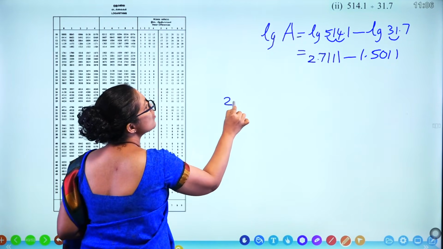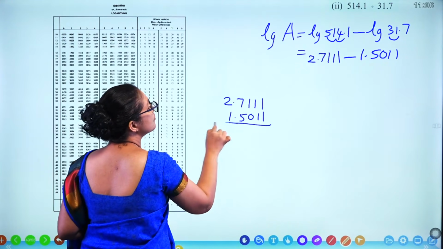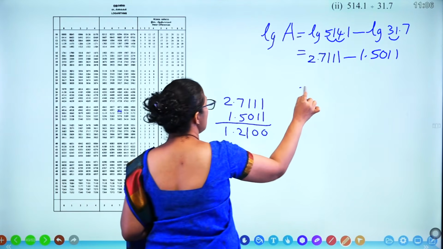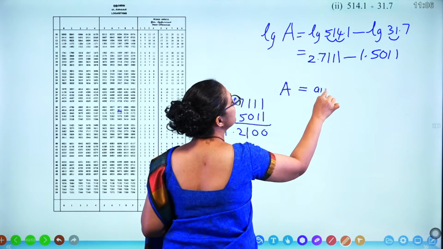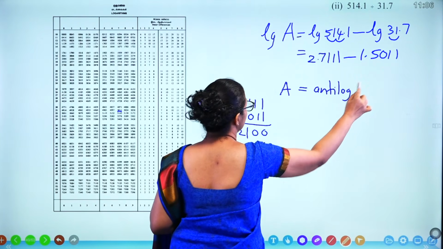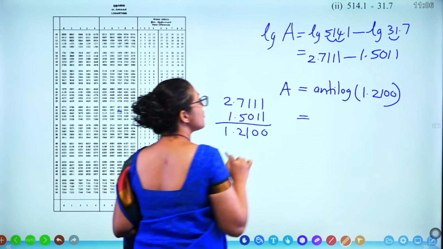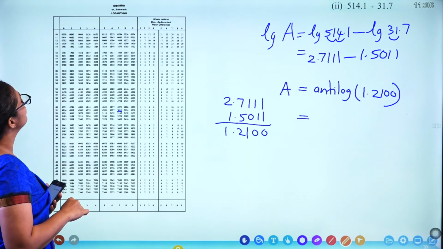Now subtract the two values. You get 1.2100. When you take the antilog value, you get the A value. 2100.